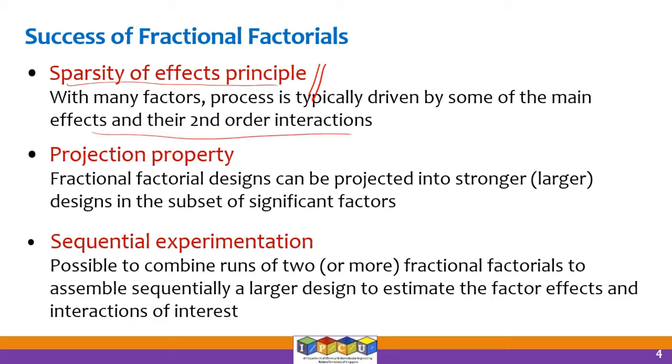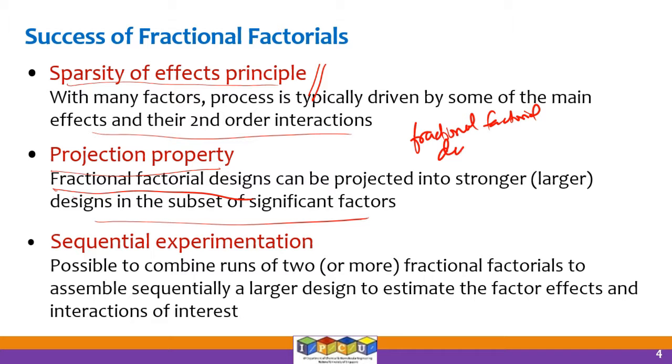The second reason is what is called the projection property. So you can take a fractional factorial design and you can project it into stronger designs in the subset of significant factors. So a fractional factorial design can become a full factorial design in a subset of factors. Okay, the idea is, take a fractional factorial design involving, let's say, 3 factors.